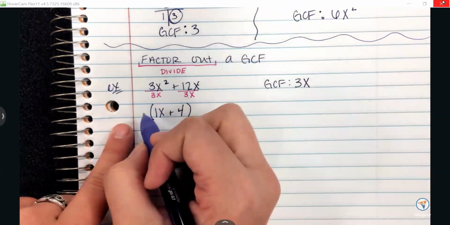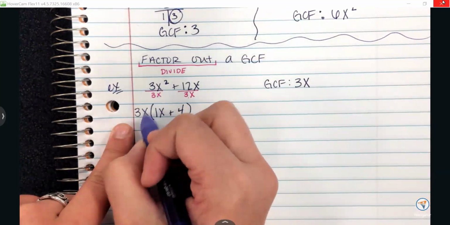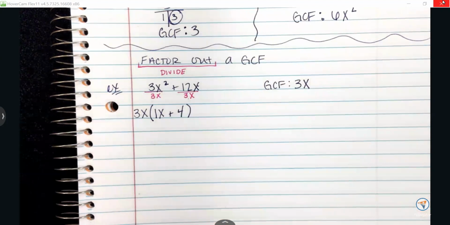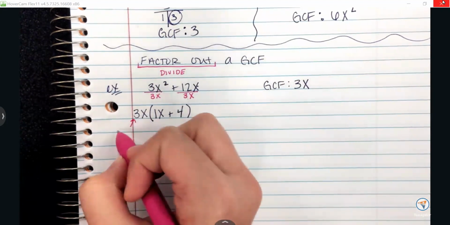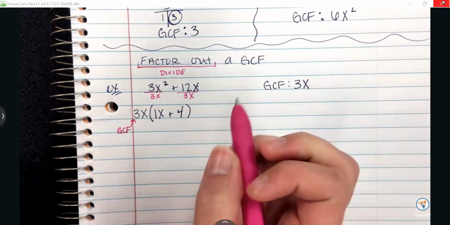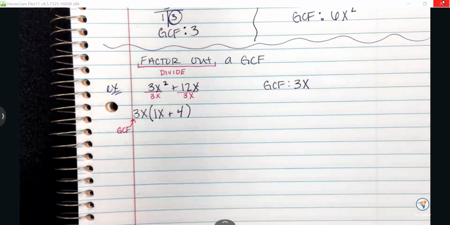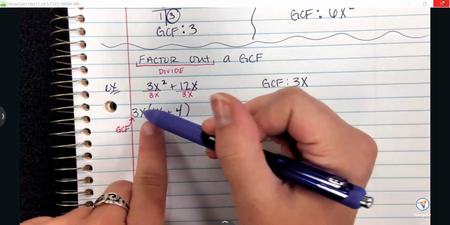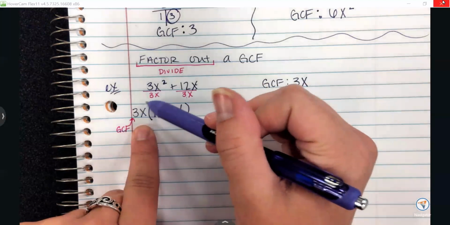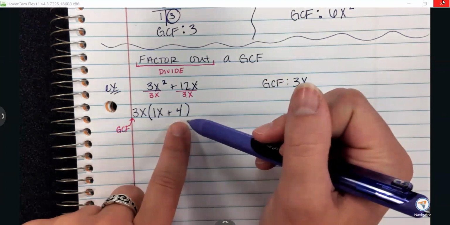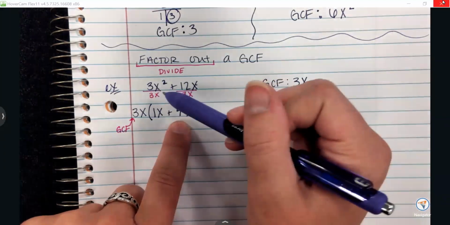Your GCF has to go in the front. So this right here is my GCF in the front. How do I know I did it correctly? If I distribute my GCF into my parentheses, it should be what I started with.